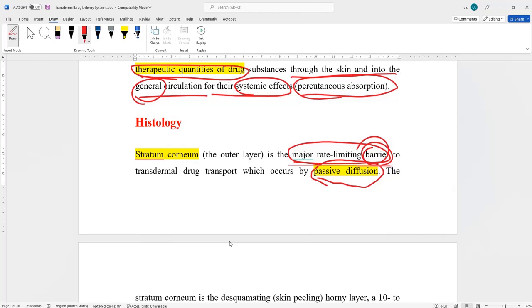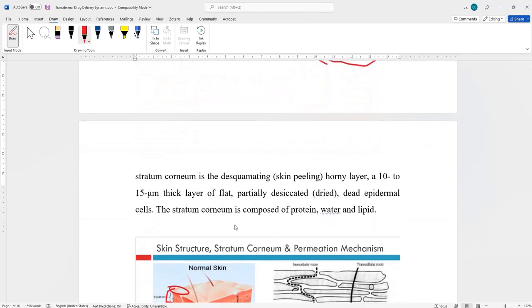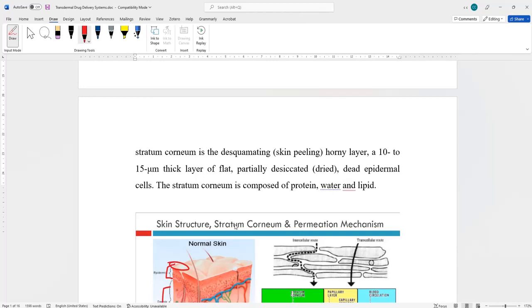Now this difference will cause the absorption of the drug to continue from the transdermal drug delivery system to the systemic circulation. Okay, this stratum corneum, the formidable barrier, the strong barrier, consists of these three things: protein, water, and lipid. And I want you to take notice of the latter two, water and lipid.